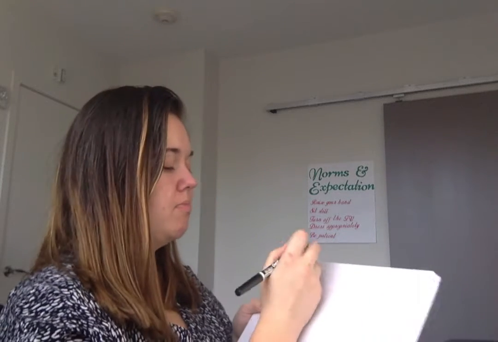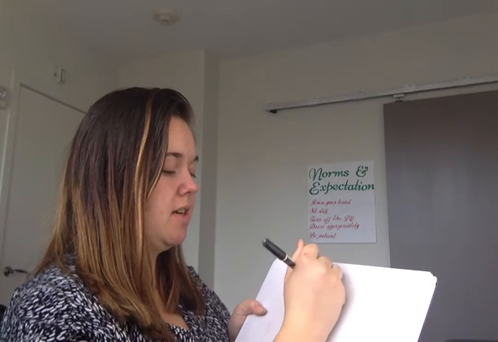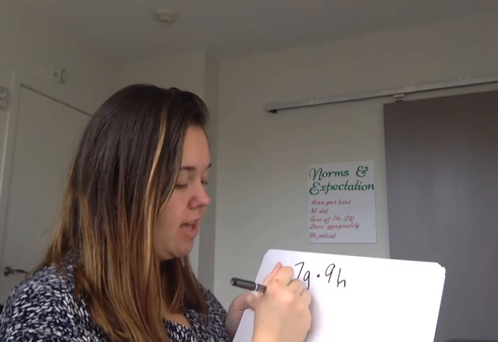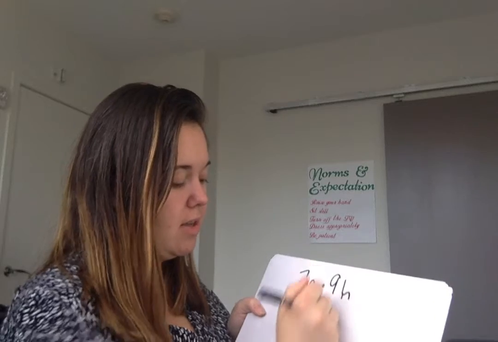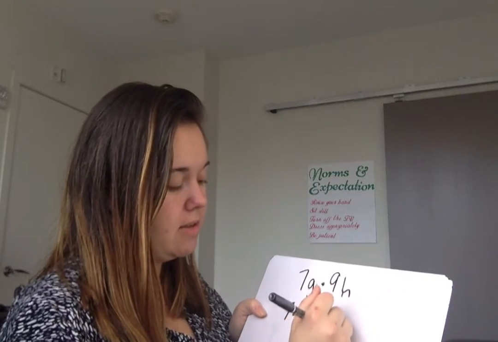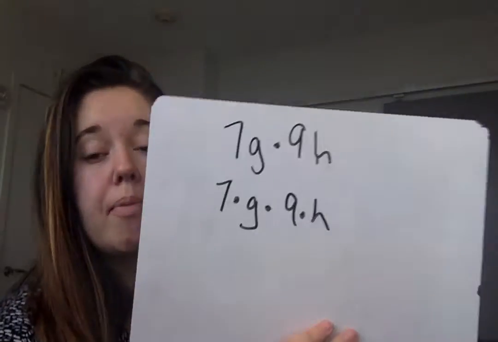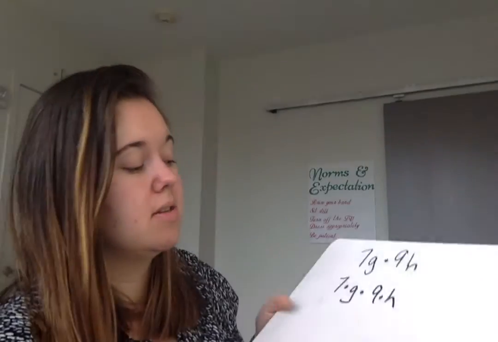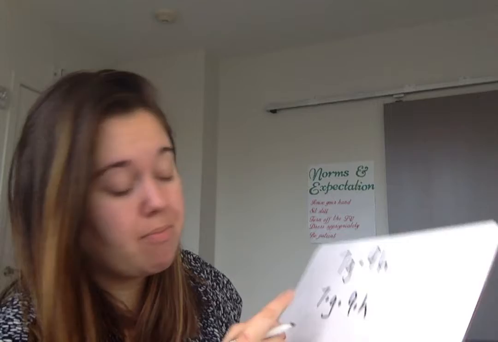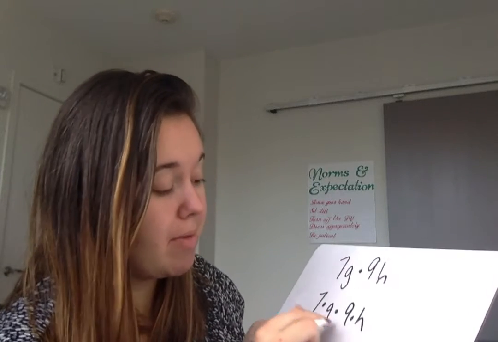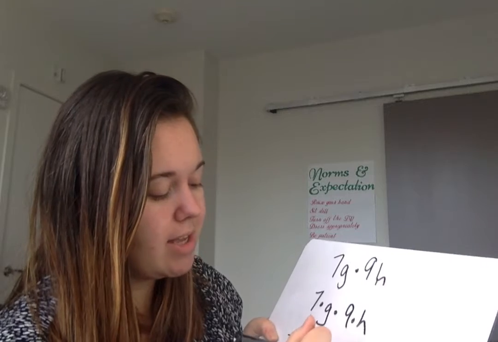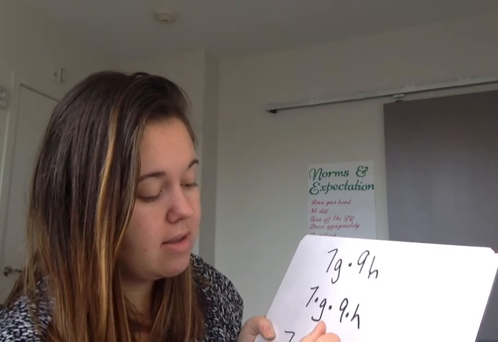I can rewrite this as 7 times g times 9 times h. But once again, that 9 can be broken into even more numbers. 7's a prime number. It can't be broken down. But I can break up 9 into some prime numbers. Let's try 7 times g times 3 times 3 times h.